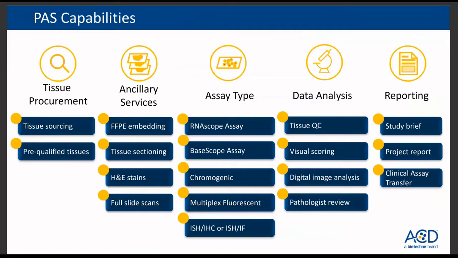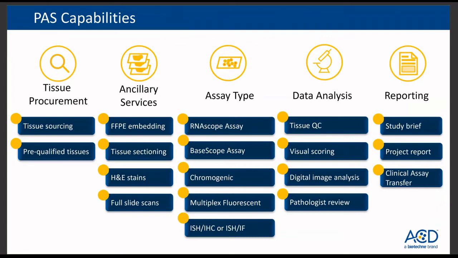Each part of the study can be done separately as one study, and then we have our ancillary offerings, including tissues that we provide from our tissue bank, as we already mentioned. We also provide FFPE embedding, H&E stains, and full slide scans, if that's the only thing you need, but it's also a part of a bigger project for sure.